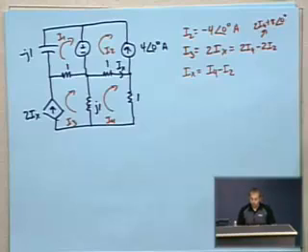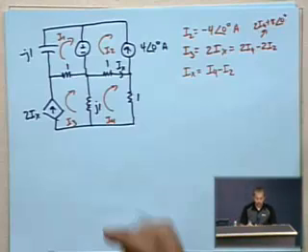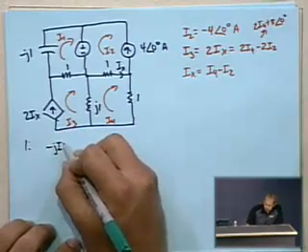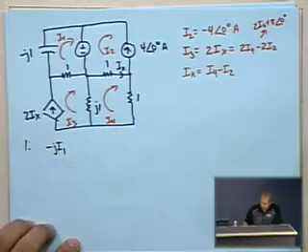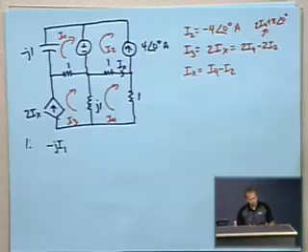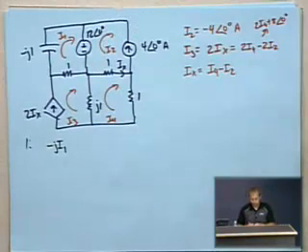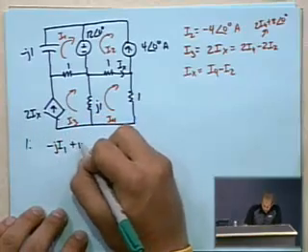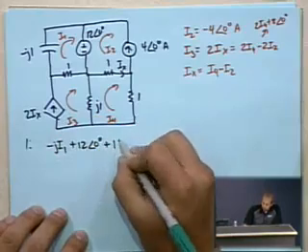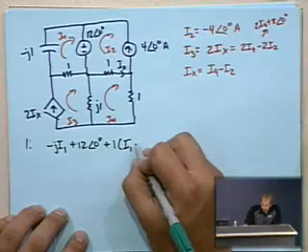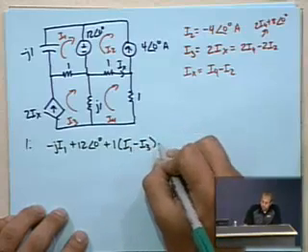Okay, so now we can start writing our loop equations for the other couple of loops. So for loop 1, we've got negative j1 times I1, and that voltage needs a value. That is a 12 at an angle of 0 degree volt source. Plus 12 at an angle of 0 plus 1 times I1 minus I3 equals 0.